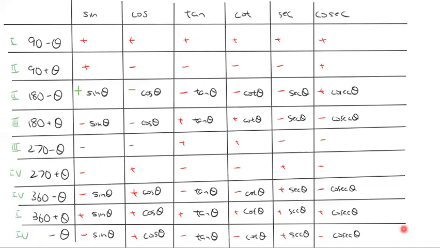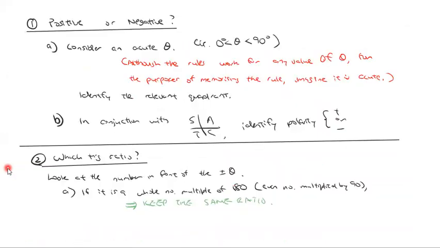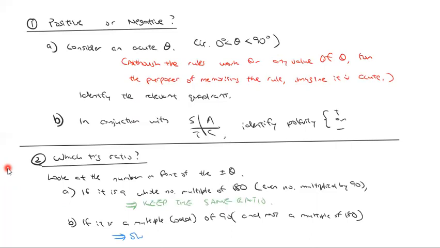Now, what we also have is obviously the other ones. So if it's not a multiple of 180, then the ones that are left are just multiples of 90. If it's an odd multiple of 90 and not a multiple of 180, then your action is to swap the ratios.